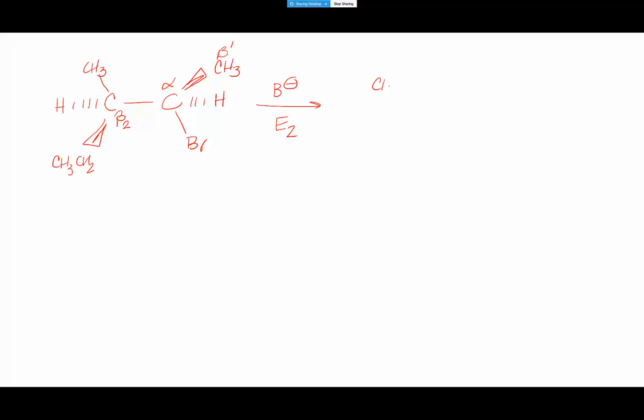So in other words, what could happen is the strong base could come in, grab this hydrogen, have this pair of electrons move down here, and kick the bromine off.